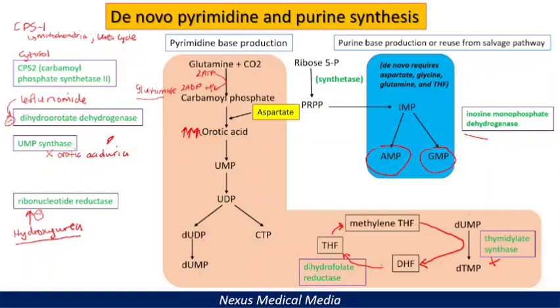Right, so if you come here to thymidylate synthase, it is inhibited by which drugs? Can you guess? These are very common drugs. The first one is called 5-fluorouracil, 5-FU. There is also a prodrug known as capecitabine.